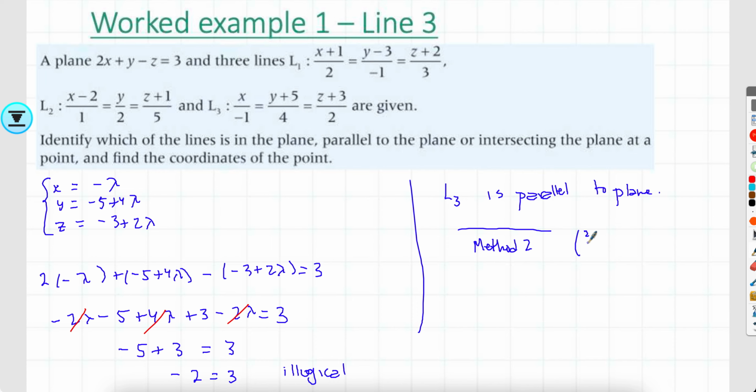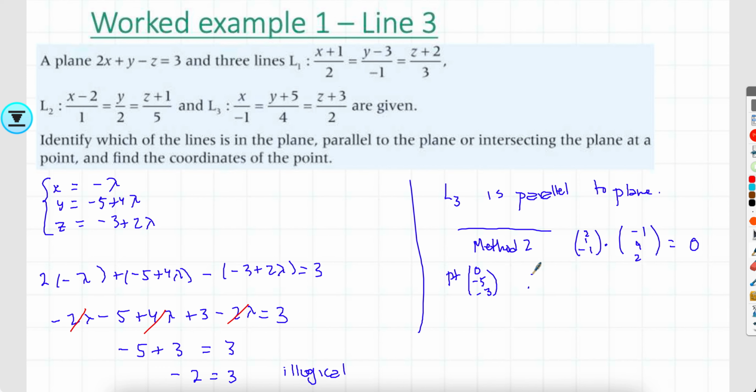Taking the scalar product of the direction vector and the normal of the plane will give you a 0. So you're like, okay, it's parallel or on the plane. And then you take a point on the line. So a point on the line will be (0, -5, -3).